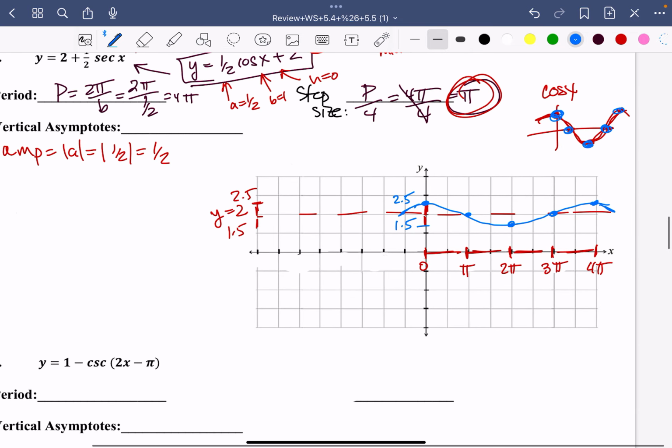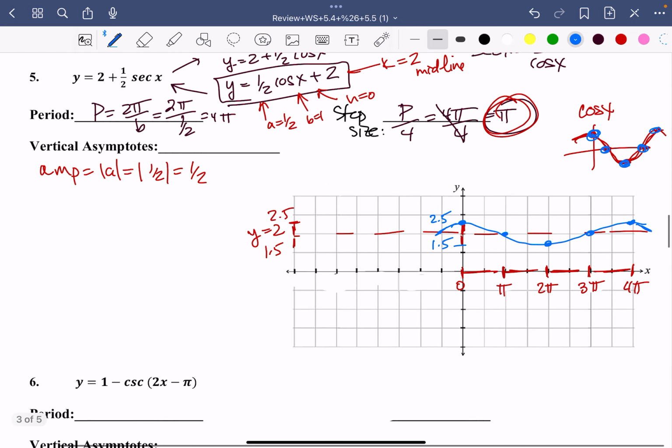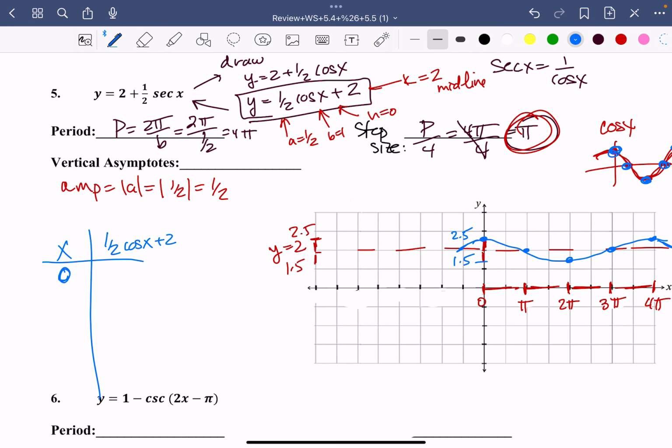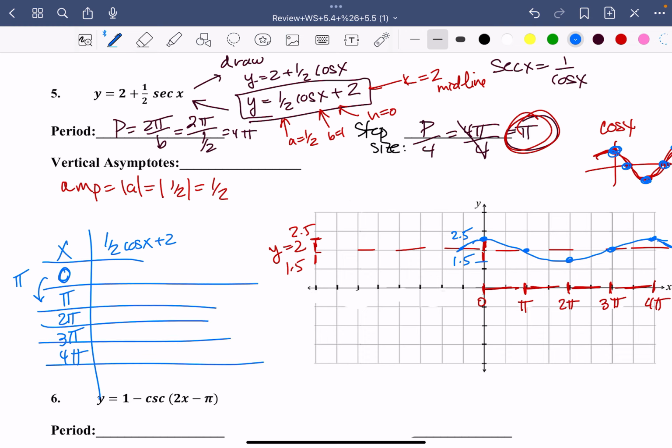And so that means if I need to draw secant, just to make sure, I'm going to come over here and I'm going to draw x, and I'm going to draw what? 1/2 cosine of x plus 2. We said that we started out at 0, and each step was of size pi. So that's why we got pi, 2 pi, 3 pi, 4 pi for our 1, 2, 3, 4 steps.